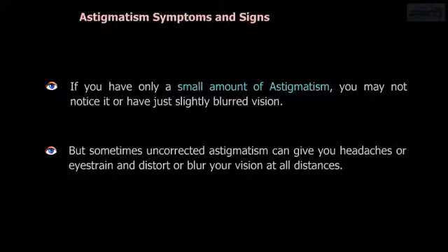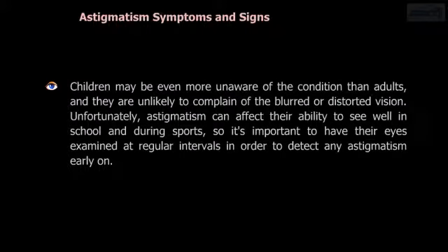Children may be even more unaware of the condition than adults, and they are unlikely to complain of the blurred or distorted vision. Unfortunately, astigmatism can affect their ability to see well in school and during sports, so it's important to have their eyes examined at regular intervals in order to detect any astigmatism early on.